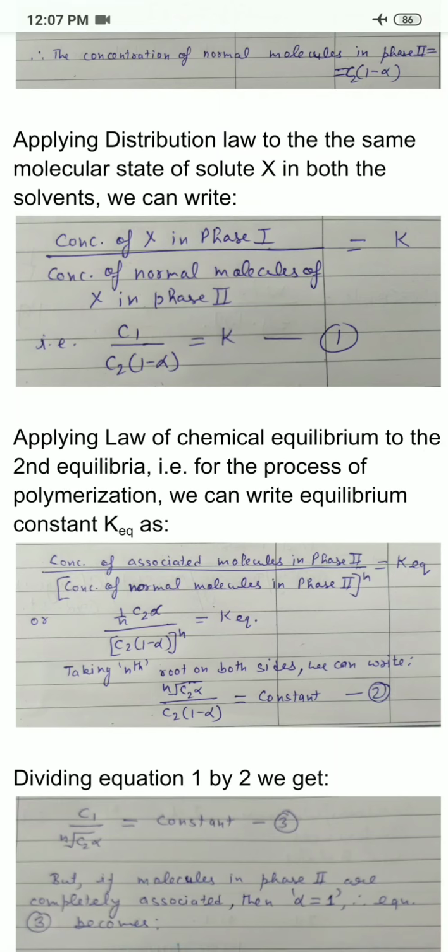Second equilibria is that for the association, or I can say for the process of polymerization. So applying law of chemical equilibrium to the second equilibria, that is for the process of polymerization, we can write the equilibrium constant as concentration of associated molecules in phase 2 upon concentration of normal molecules in phase 2.